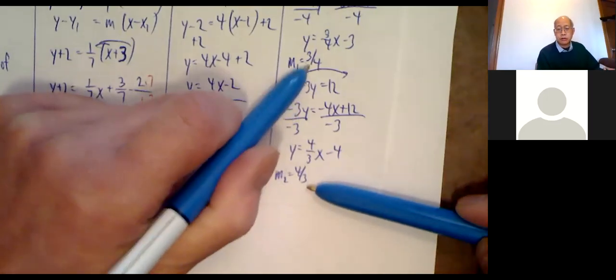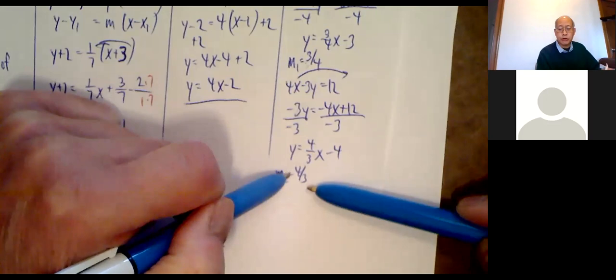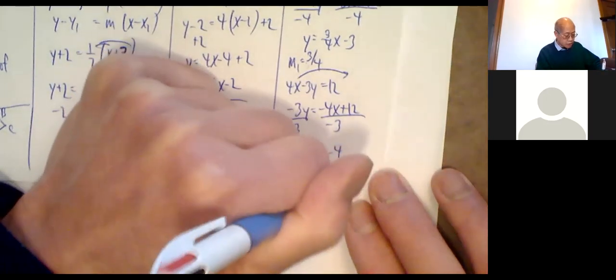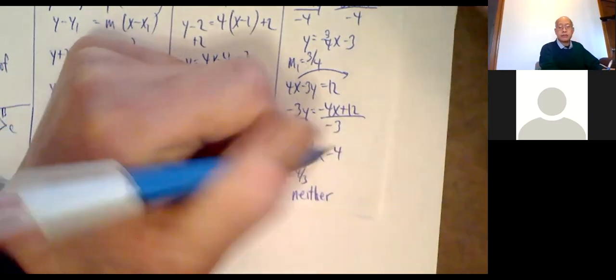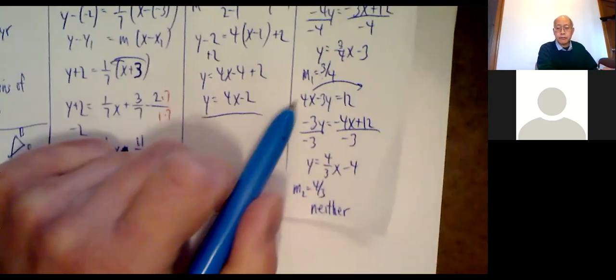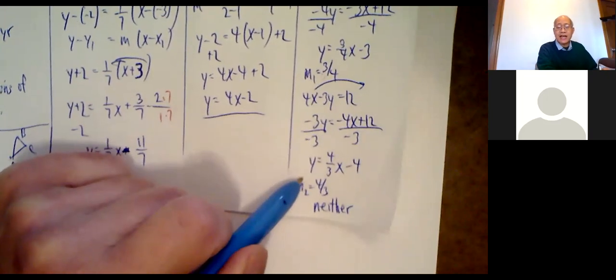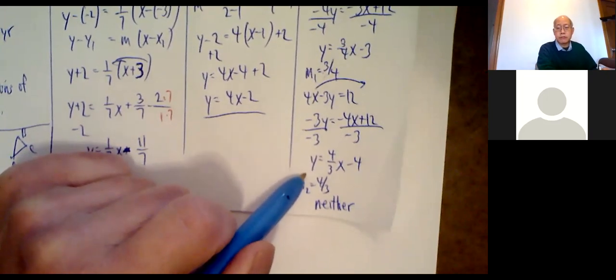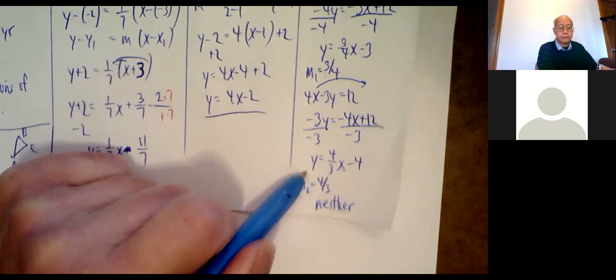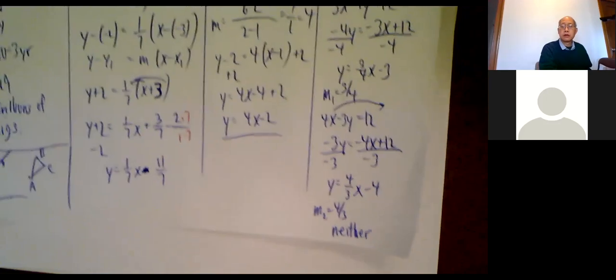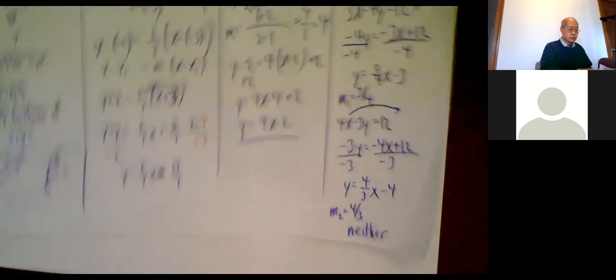So 3/4 is the reciprocal of 4/3, but not the negative reciprocal. So the answer to this one is neither. Neither parallel nor perpendicular. They're not equal, and they're not negative reciprocals of each other. All right, so that's how that one goes. 31b.